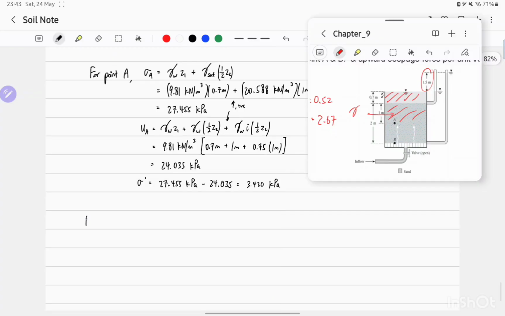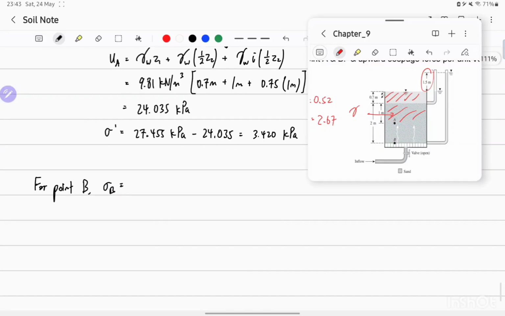Now for point B, same thing, total stress first. What's above B is everything.